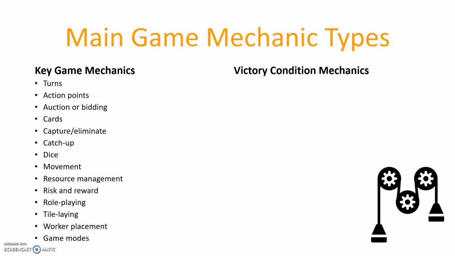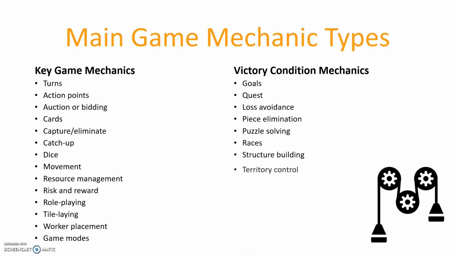When it comes to victory condition mechanics, what they are is what has to be completed in order to try and succeed at the gameplay. So there might be goals or quests that need to be completed. It could be avoiding something, solving a puzzle, completing a race, gaining a number of victory points. Those are all examples of mechanics that also might involve some of the key game mechanics.